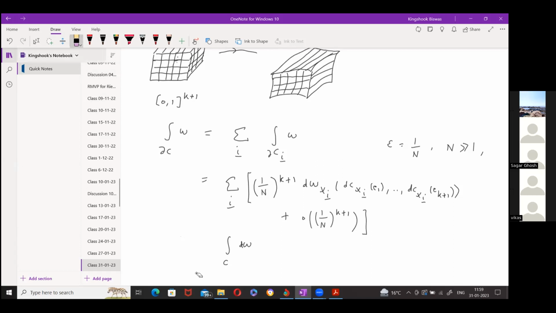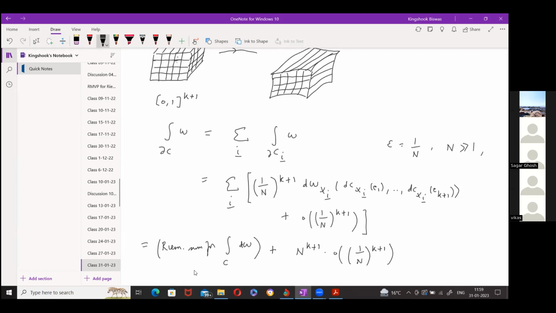This is going to be equal to a Riemann sum for this integral, plus what is the error? So I'll have, how many terms are in this sum? Capital N to the k plus 1, times an error which is little o of 1 over n to the k plus 1, right?